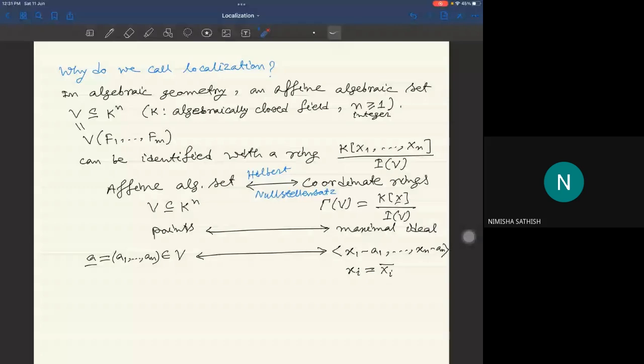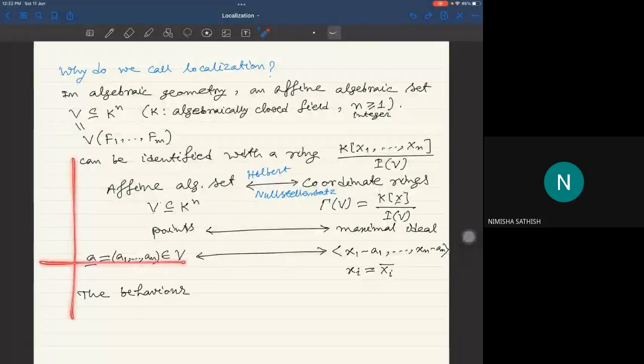Now this is the main thing, the behavior. In algebraic geometry, sometimes we want to study the behavior of an affine algebraic set. It is basically the zero set of some collection of polynomials, right? If you consider just one polynomial, its zero set gives a curve, and sometimes we want to study the behavior of that curve at a particular point.